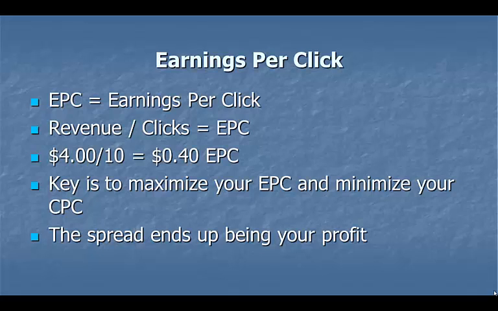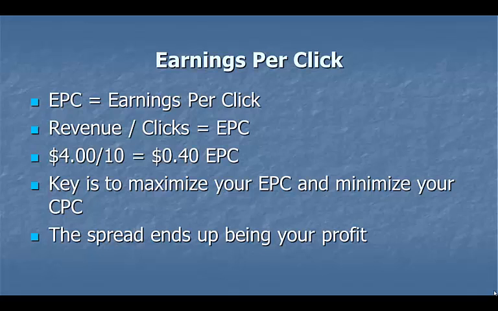So just to give you an example, let's say we're promoting a dating CPA offer where the payout is $4. And let's say by going through all of our data, we determine that for every 10 clicks that we send to that particular dating offer, we get one conversion. So basically, $4 divided by 10 clicks gives you a 40-cent EPC. And let's say that this is the EPC we determined for MSN Ad Center.